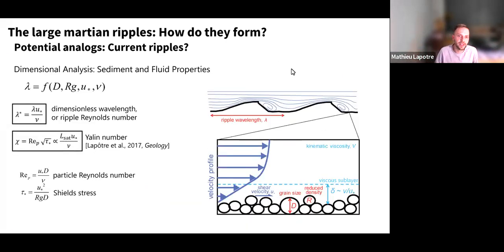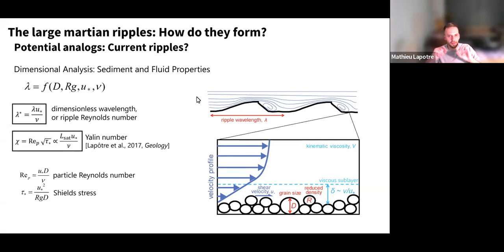Now, to investigate a potential fluid drag origin for the equilibrium size of large Martian ripples, we performed a dimensional analysis. So we thought about, okay, what are the parameters that govern the size of fluid drag ripples? They are grain diameter, D, the specific submerged weight of grains, RG, the shear velocity of the flow, u star, and the kinematic viscosity of the fluid, nu.